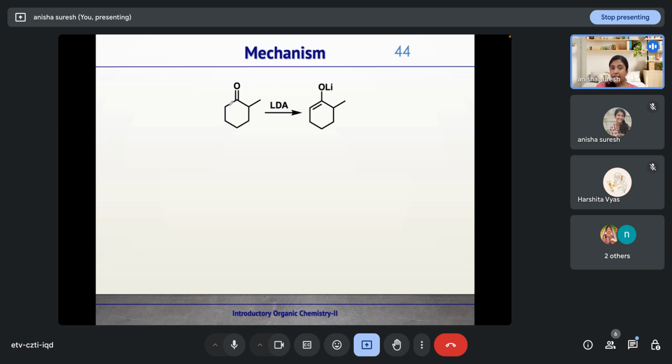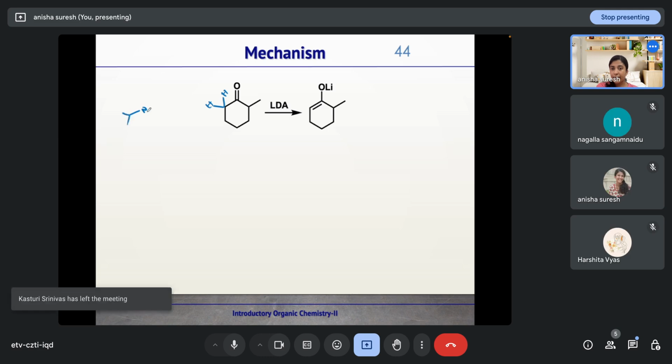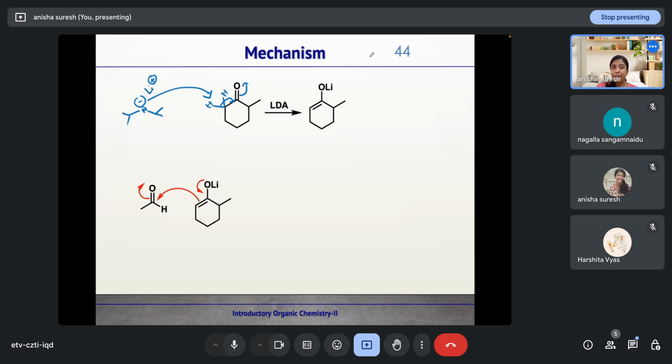This is the structure for lithium diisopropylamide. It will abstract the proton from this side, leading to formation of this enolate. Then this enolate can attack the acetaldehyde, leading to formation of this aldol product.